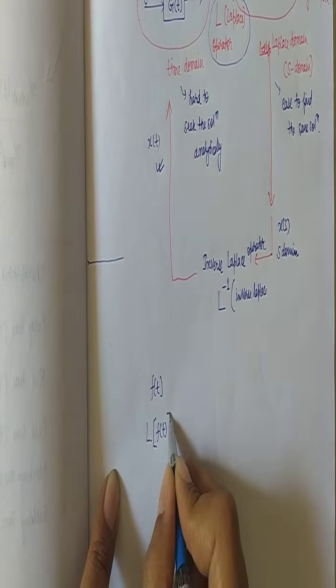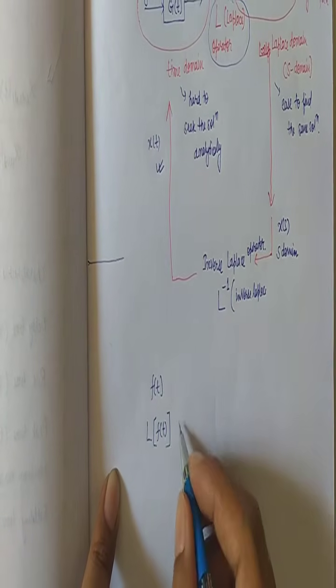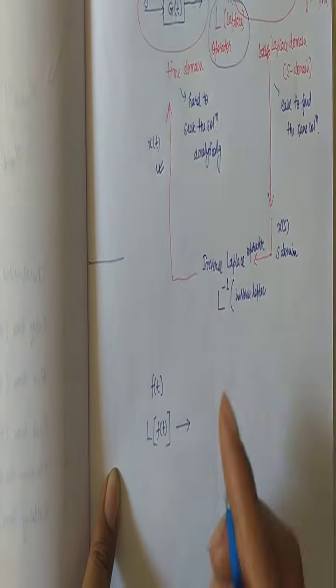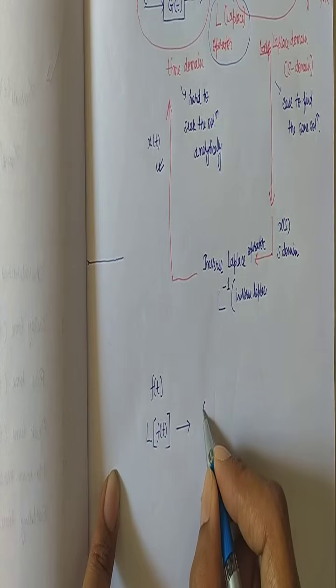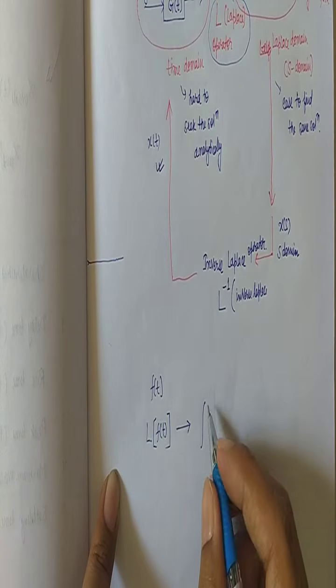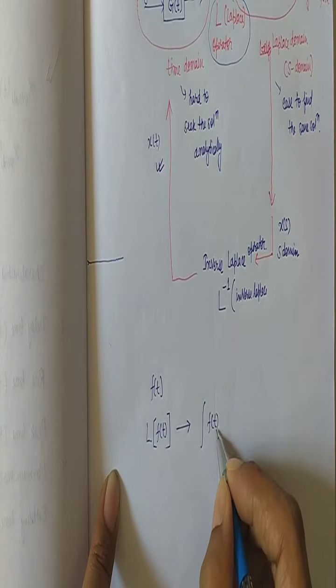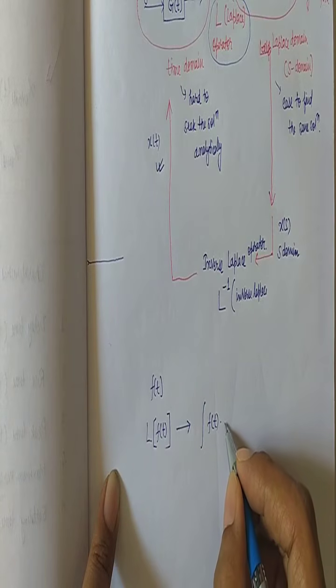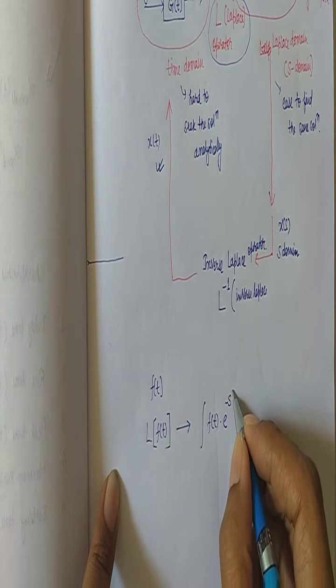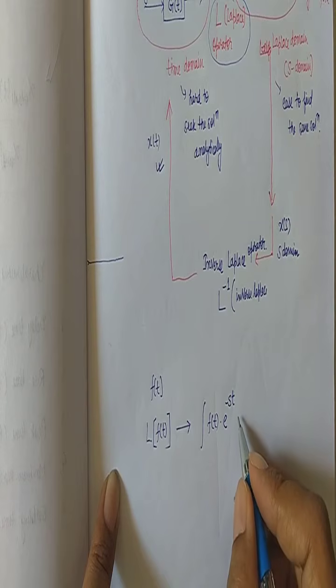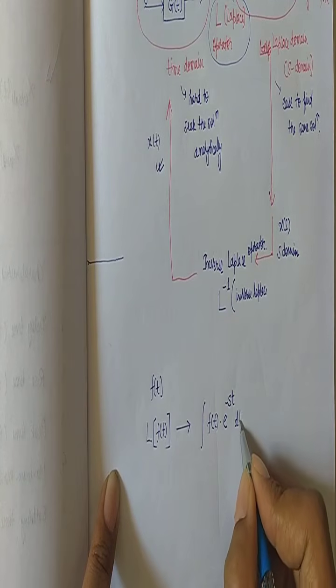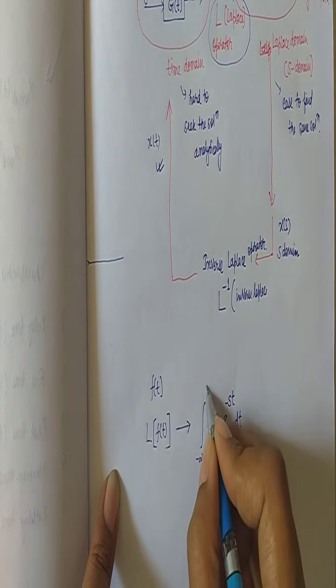Essentially I am taking the integral of f(t) times e raised to the power minus st, dt, from minus infinity to infinity.